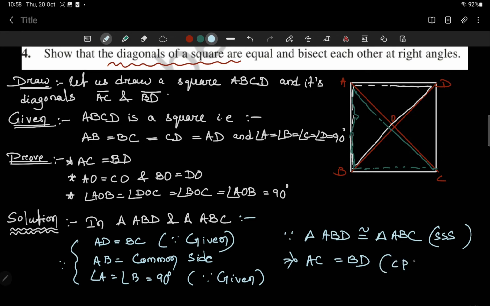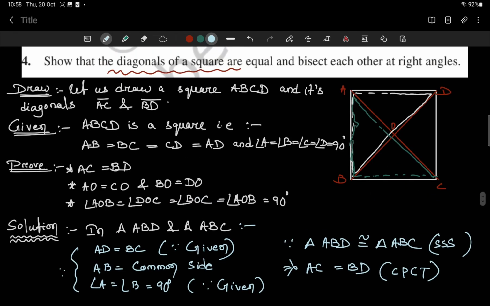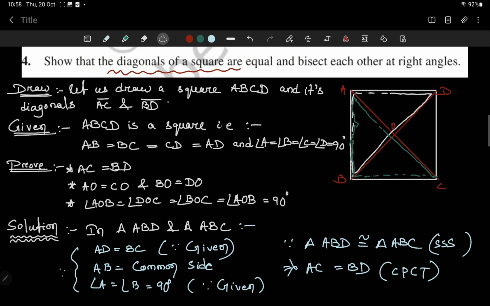This gives me the allowance to write CPCT. So part one is proved. Now we have to do part 2. Let me bring this figure here. Copy.